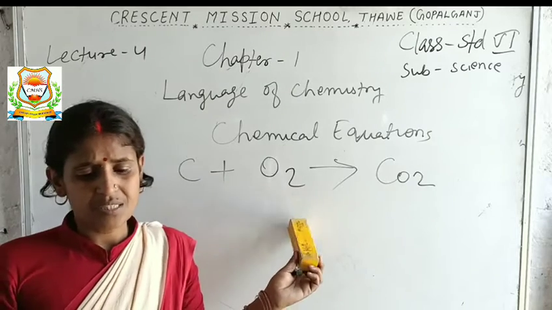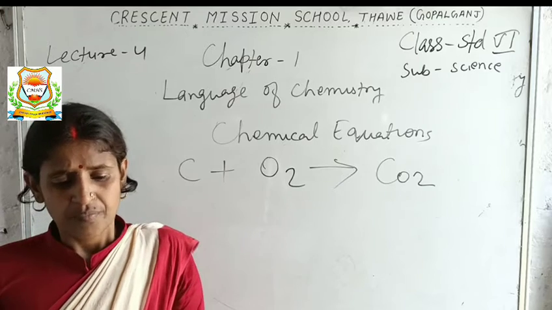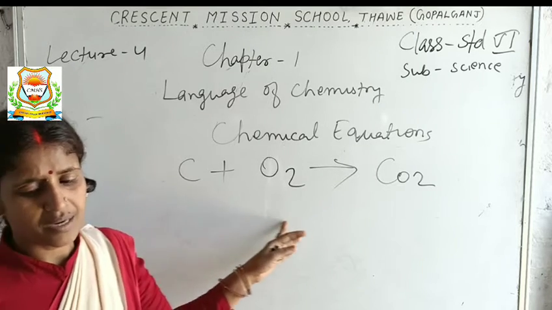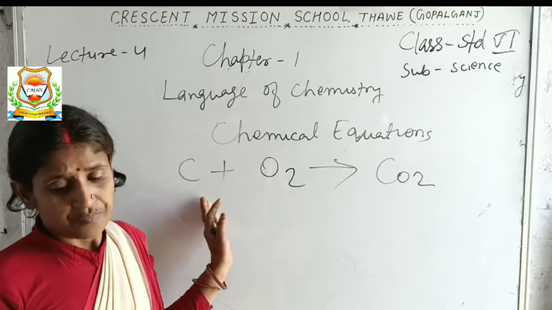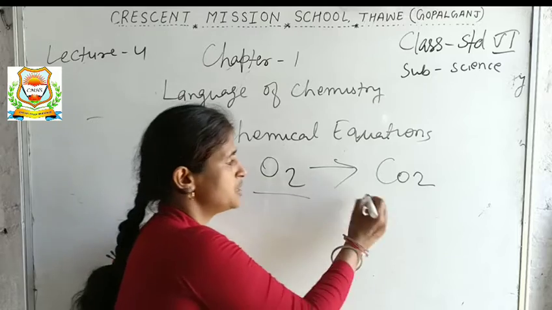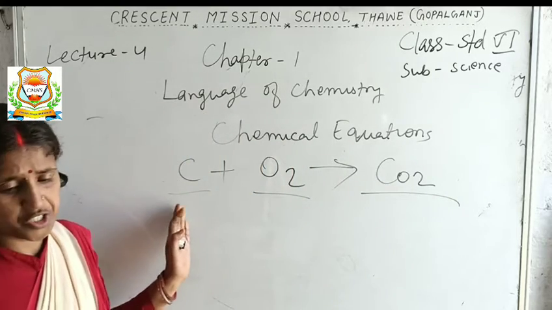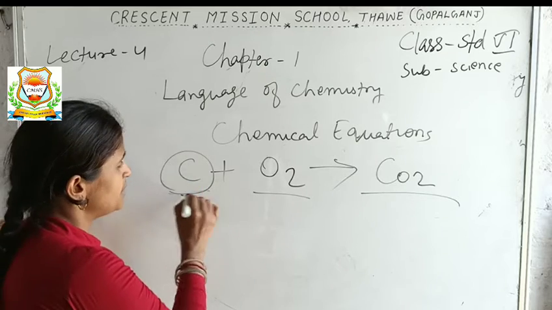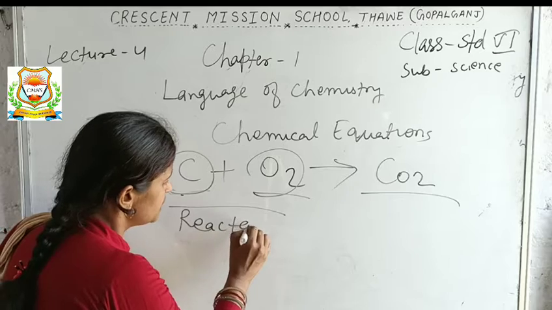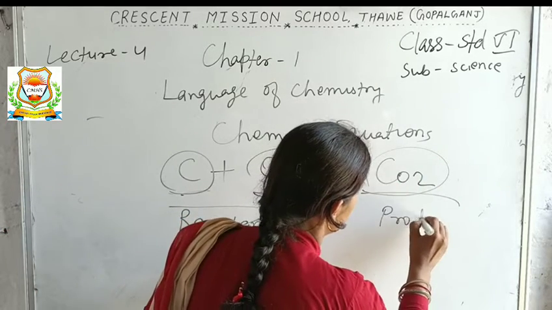If the supply of oxygen is insufficient, carbon monoxide is formed. So the burning of carbon in a sufficient supply of oxygen to form carbon dioxide is represented by the following equation: C plus O2 equals CO2. In this reaction, carbon and oxygen are reactants and carbon dioxide is the product.